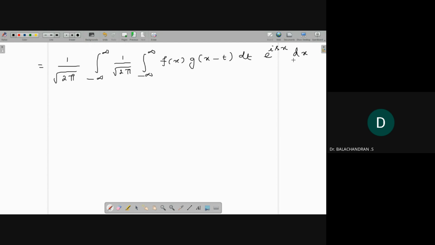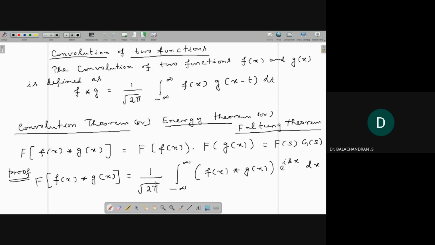x. Now I am going to change the order because both the limits, t and x, are from minus infinity to plus infinity. So you can merely change the order, first with respect to x and then with respect to t. So in the previous one, I think I made a mistake here.